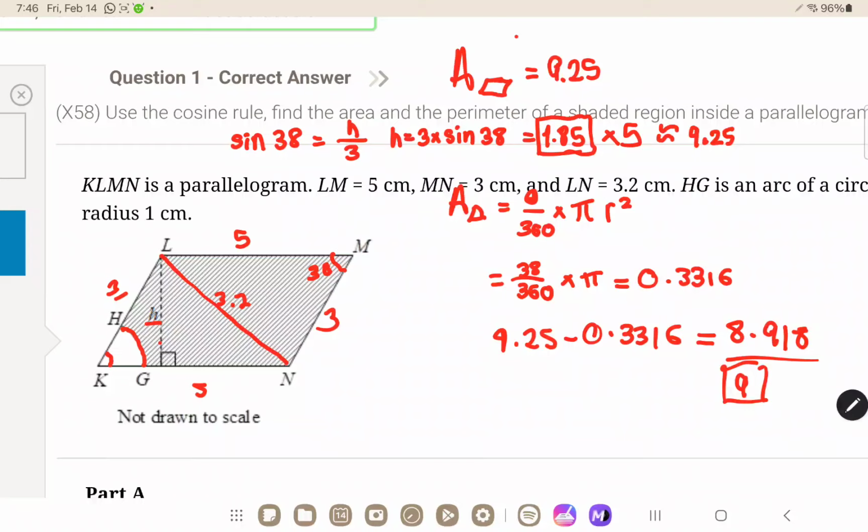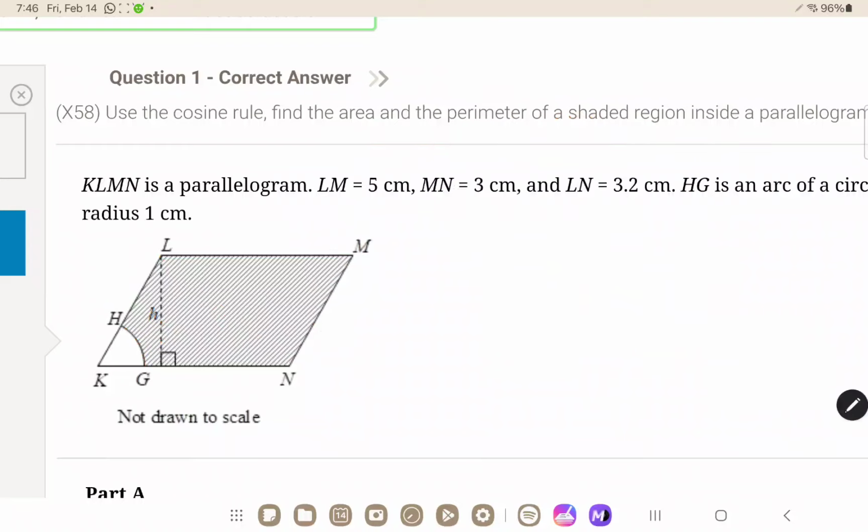That's how you solve part B I, and now let's solve part B II, which is asking us the perimeter of the shaded area. Now how do we find the perimeter of a parallelogram? You just add all the sides. So 5 plus 3 plus 5 plus 3, which is 16.